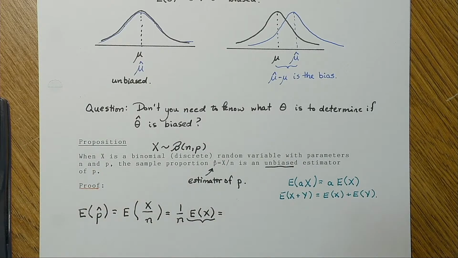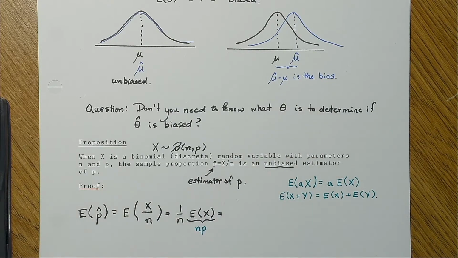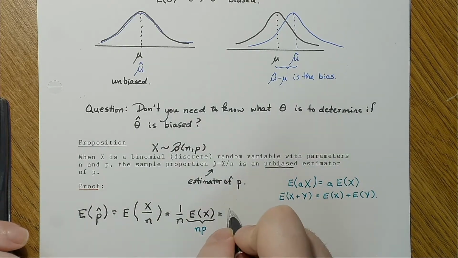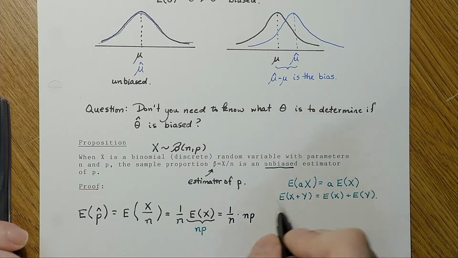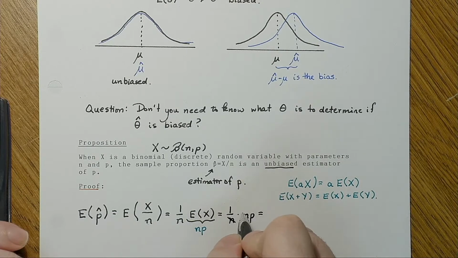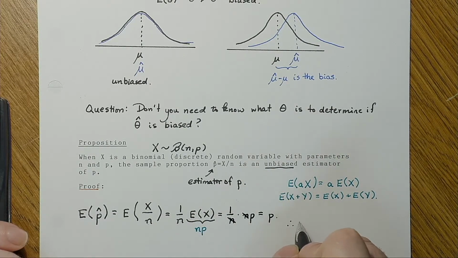Anyone in the chat? That's right, it's n times p. So what we have then is 1 over n times n p. These cancel, and I'm left with p. So therefore, the expected value of the point estimator is equal to p.